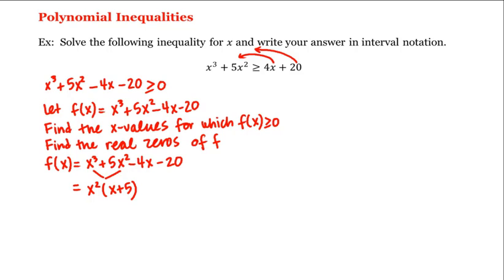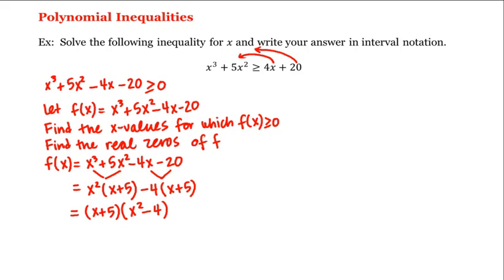And then we can group these last two terms together and factor out a negative 4, and we'll also be left with x plus 5. And now we can factor the x plus 5 out of both of these terms. And we're left with x squared minus 4.